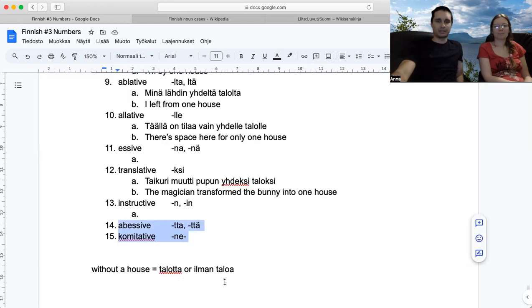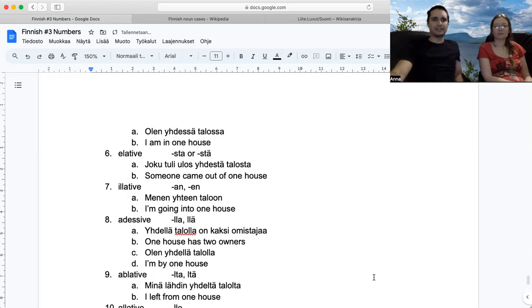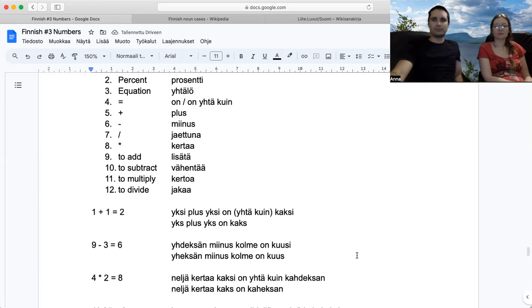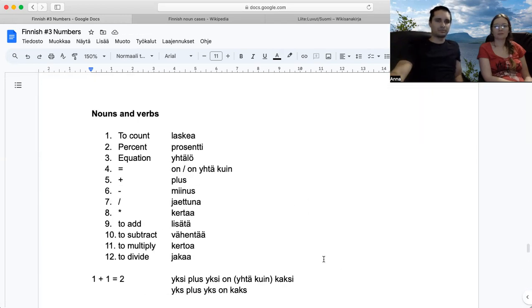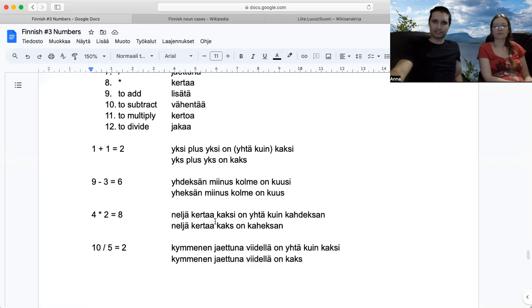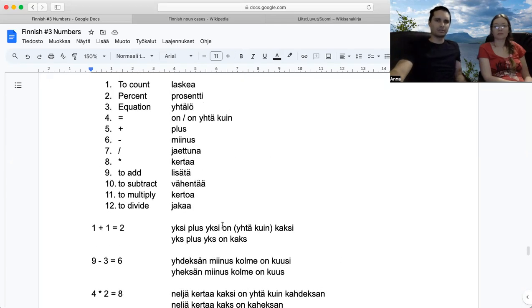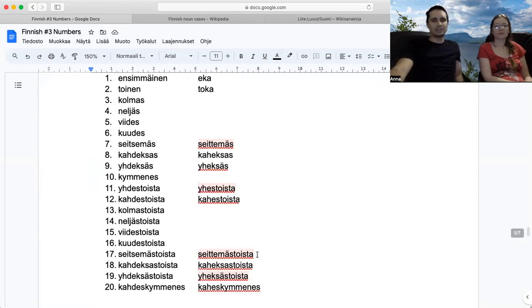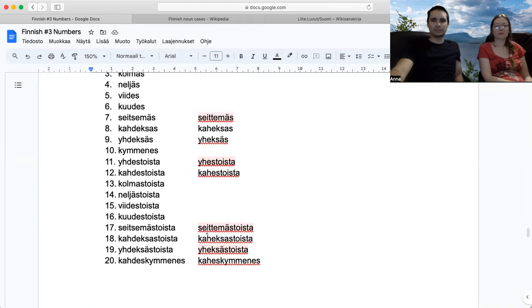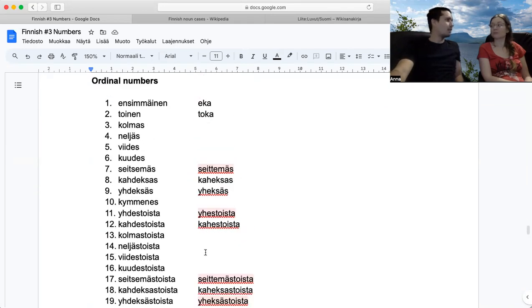I think that was all about the cases, and now you should have the vocabulary to speak about the basic things in mathematics. Because the more advanced ones are much more difficult. But I think this is enough, and you have the ordinal numbers from 1 to 100.